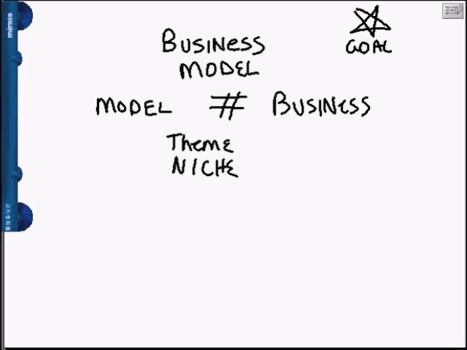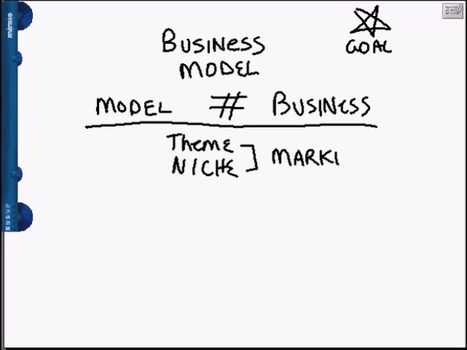See, the hub and spoke marketing model is a business model, but the theme and the niche is a business market. You are going to have to select a market and apply a business model to that market. And what's the purpose? You want to combine the two of them so that they give you whatever that goal is.